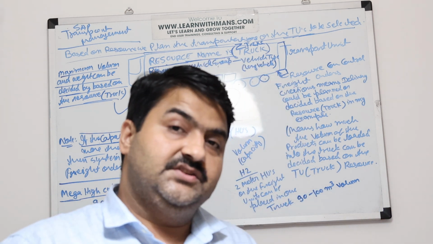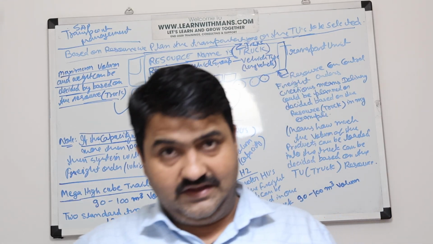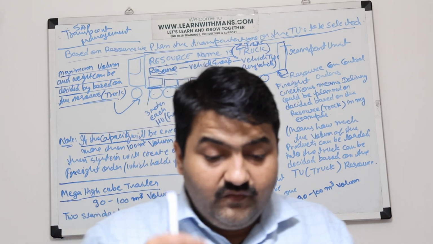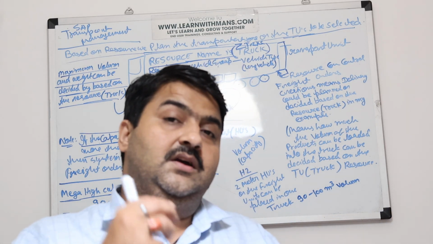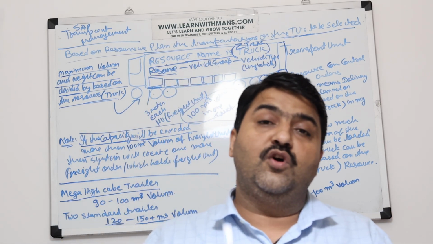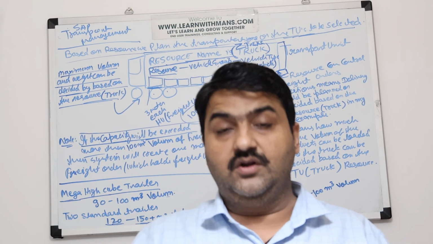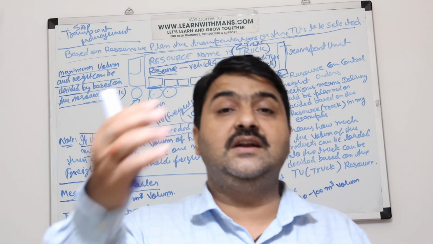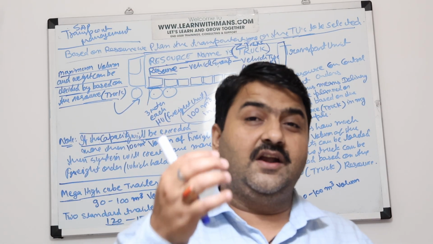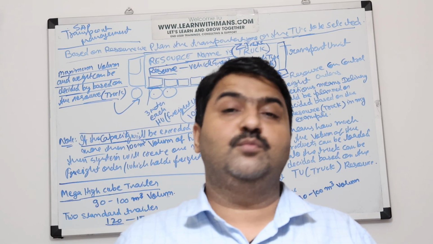In my books and my configuration training, I already explained how we do the configuration. If the volume or weight of more than 100 cubic meters would be exceeded, then the system will create a new freight order to load the material or product onto another truck, because a freight order contains freight units. A freight unit means handling unit, product.